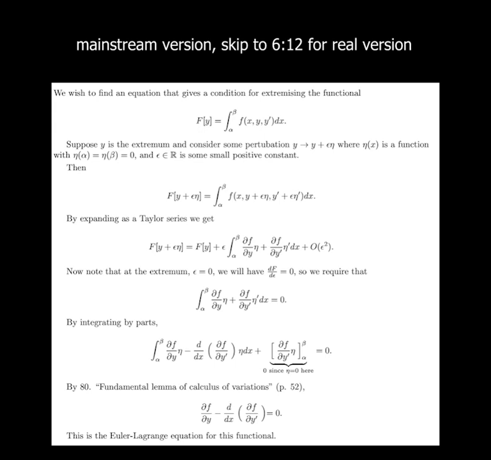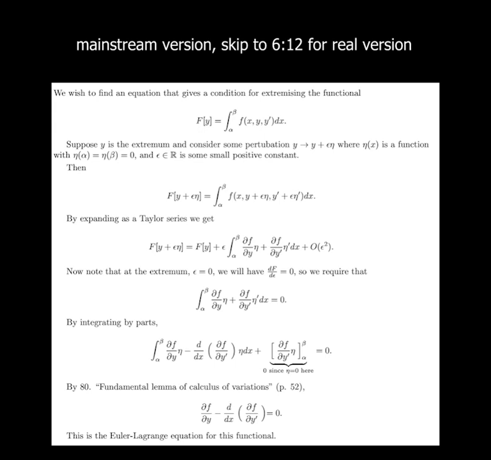So what we're going to do, in the mainstream proof here, is we suppose y is the extremum and consider some perturbation, y to y plus epsilon eta, where eta of x is some kind of function with eta of alpha and eta of beta equal to 0, and epsilon is a real number, some small positive constant.